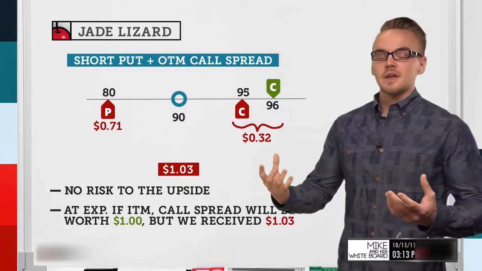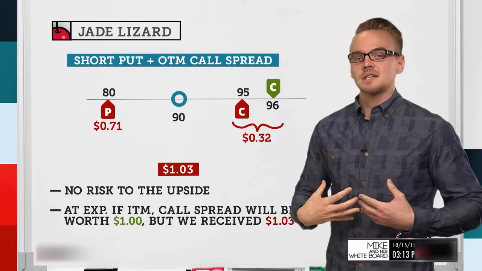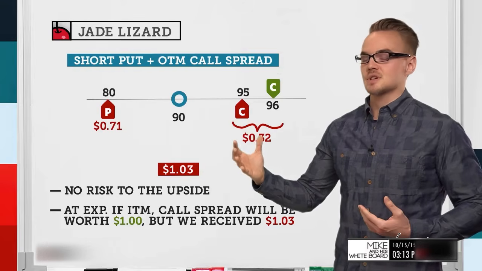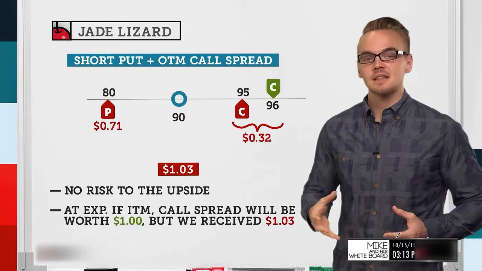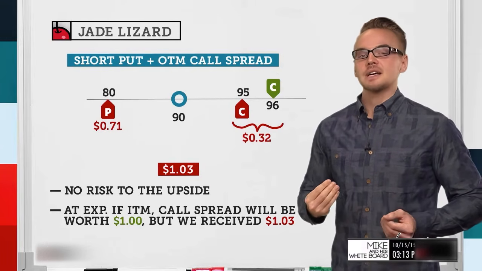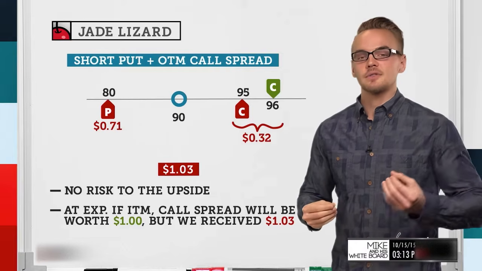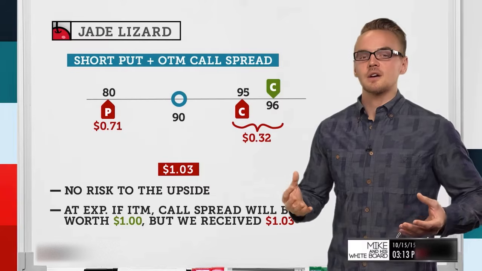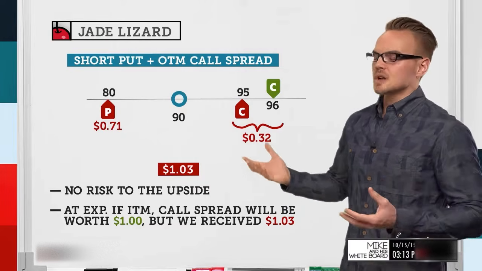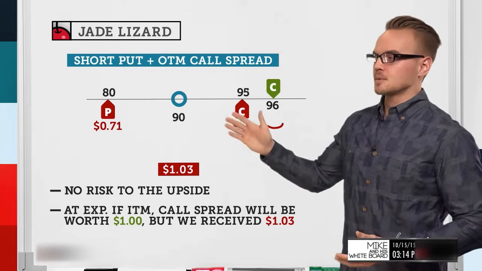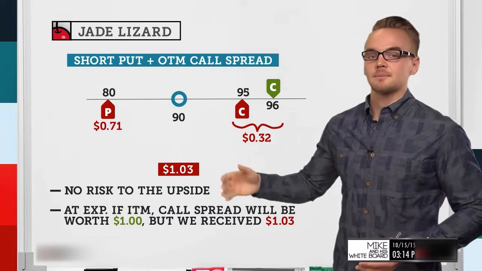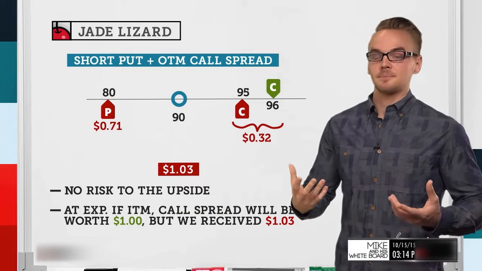So if our call spread's in the money, we have to buy it back for $1. But since we collected $1.03, we still have 3 cents of profitability, which will essentially cover our commissions on this trade. So we'd pretty much break even on this trade if the stock price totally blew out to the upside, which is better than losing any money at all.